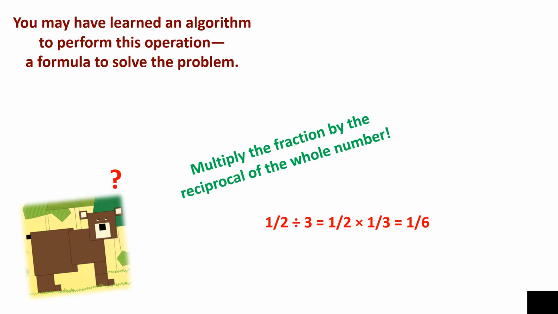In the example here, we have 1/2 divided by 3. Following the algorithm, we would multiply 1/2 by the reciprocal of 3, or 1/3, and the answer would be 1/6. So 1/2 divided by 3 equals 1/6.